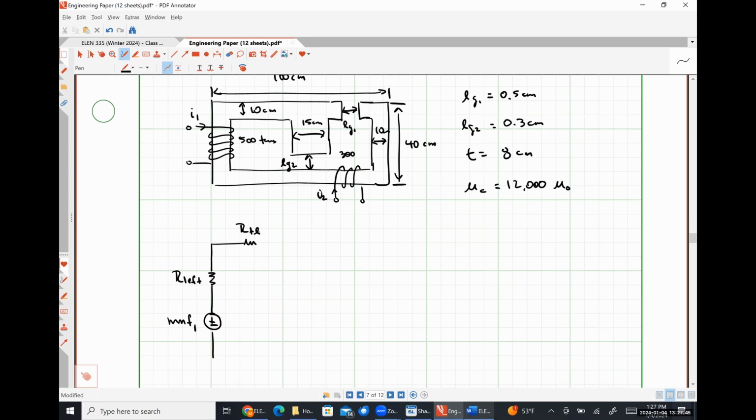Then we have this top left piece, then this middle piece. Here we have our second gap. This is going to be our top right piece in series with our first gap.